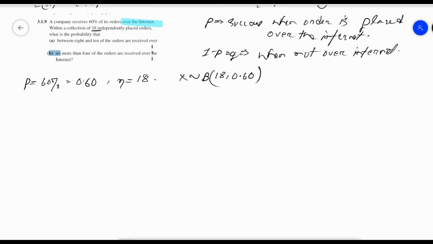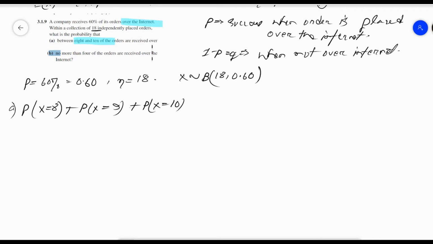Now it's pretty easy. Let's move on to number A. In number A, we are asked to find out between 8 to 10 orders. So for between 8 to 10 orders, we know we have x equals 8 plus x equals 9 plus x equals 10, because it's between 8 to 10 orders.